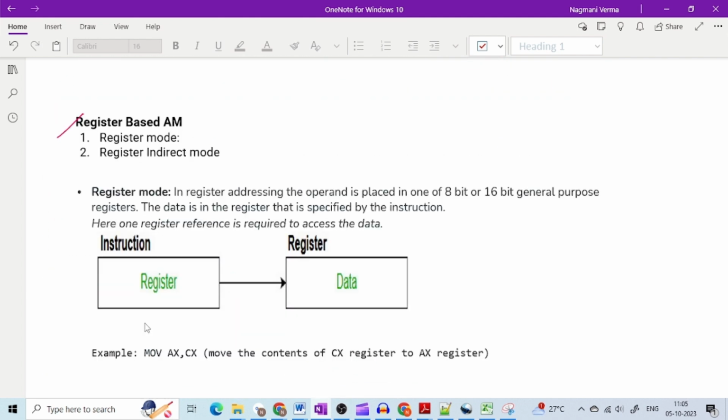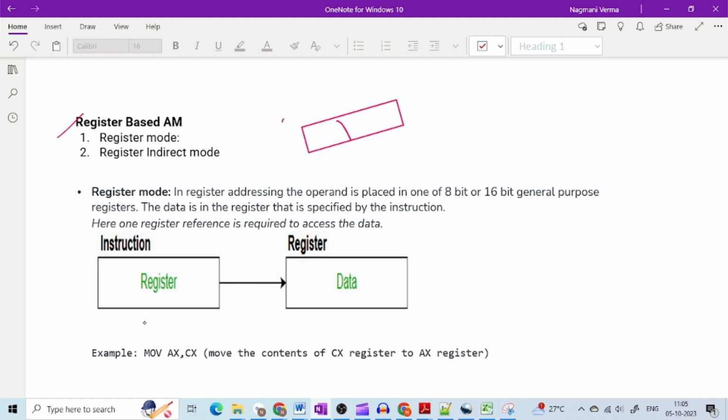Register based addressing mode has two addressing modes: one is the register mode and one is the register indirect mode. We know that the purpose of addressing modes is to find the data, the operand. So we have a set of opcode and operand.